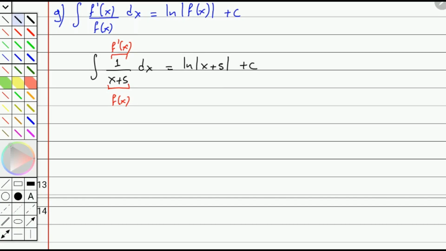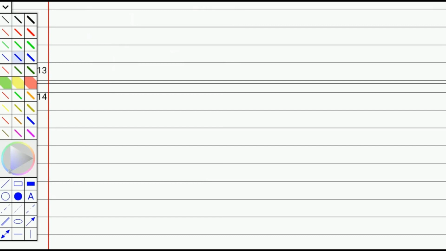It is that easy. Then we also have two rules which we already know from the limits and the derivatives. H, the integral of any constant multiplied by a function dx. The constant can come out of the integral. So this is equal to a times the integral of f of x dx.